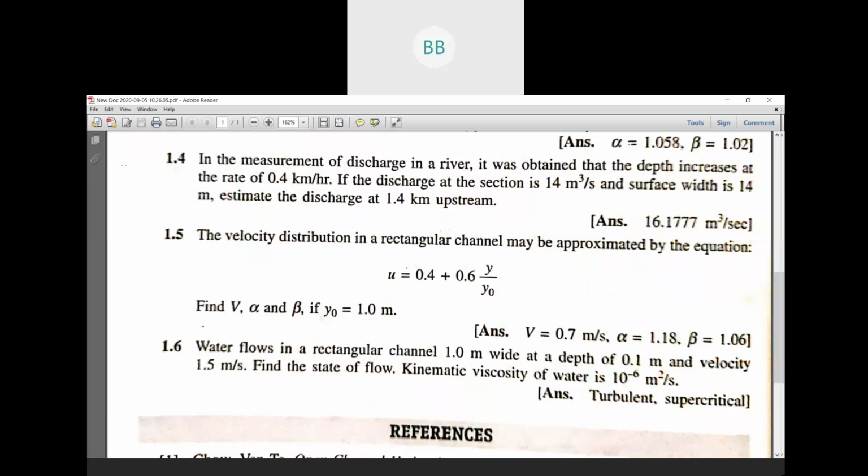If you further simplify, it will be 0.4 plus 0.6 divided by 2.